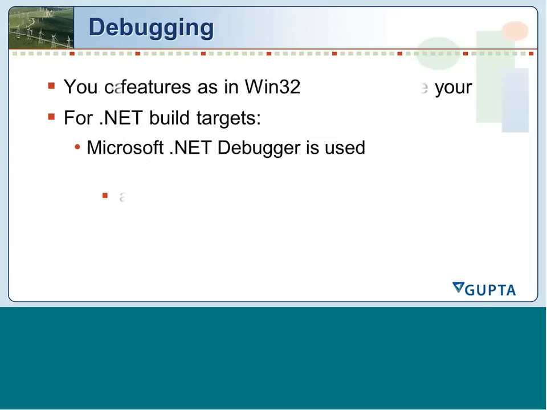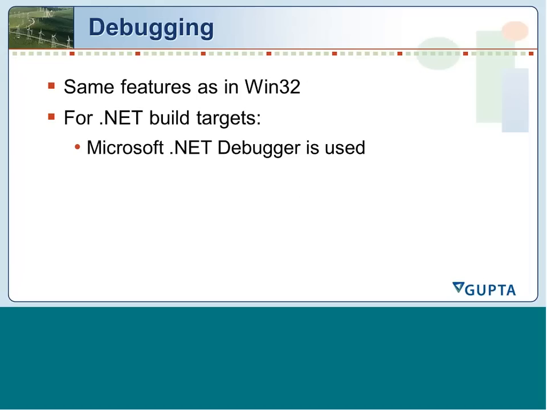So for debugging, we have the same features as in Win32. If you're working with Team Developer for .NET and you can compile with the intermediate language compiler and so on, and you create breakpoints and you want to see all the arrays, the values inside the arrays and so on, there's no change between Win32 and the .NET environment.